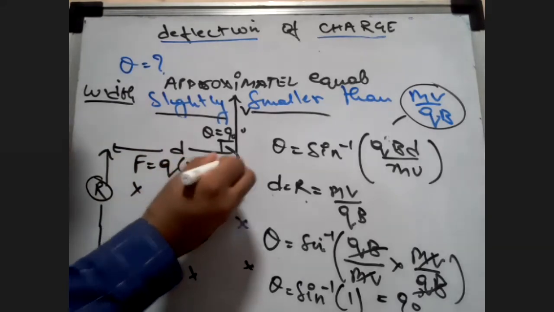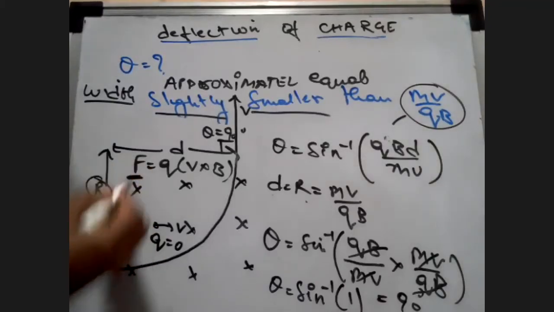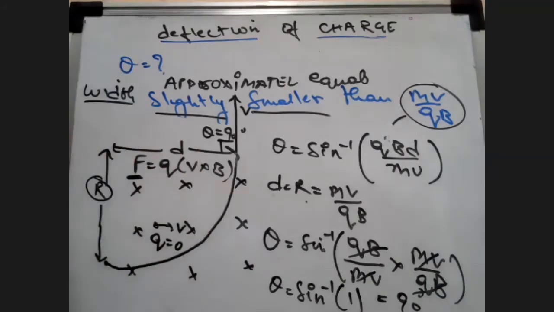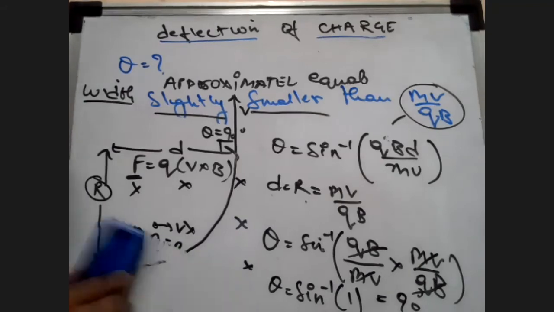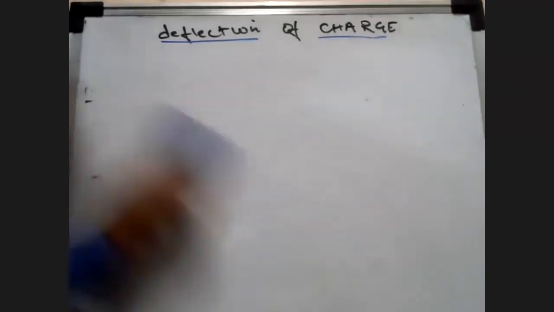So it is not possible that even if the velocity is the minutest in magnitude, it will not have a force, and it will start to move. I hope that solves your doubt. Is the doubt clear, Advait? Yes, sir. Okay.